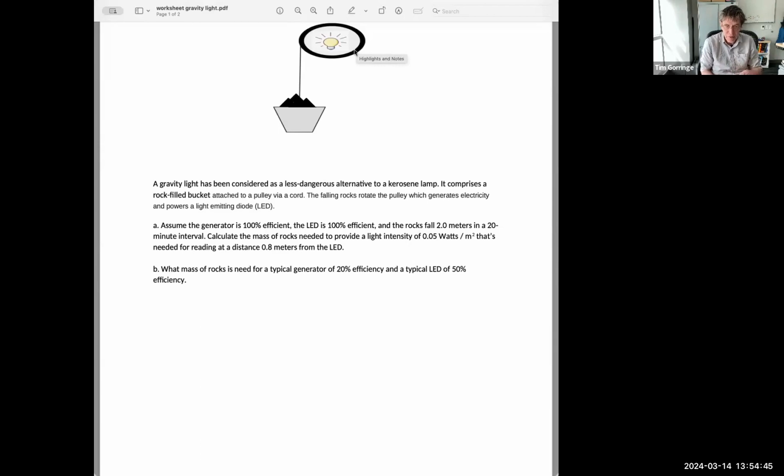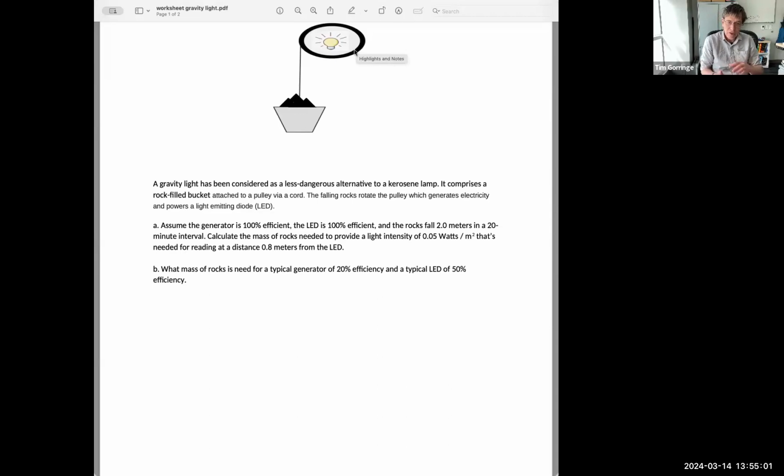In the problem specifically, we're told that the amount of light that we want is 0.05 watts per square meter at a distance of 0.8 meters from the light.